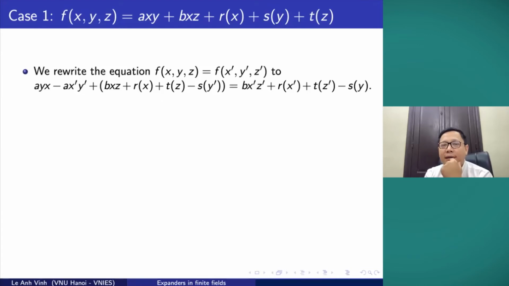Then we can rewrite the equation f(x, y, z) equal to f(x prime, y prime, z prime) like in the slide.